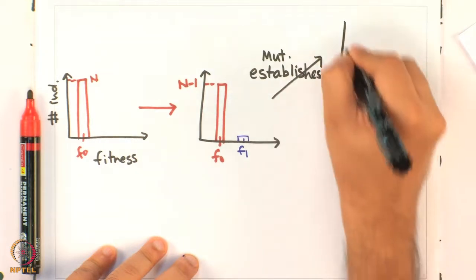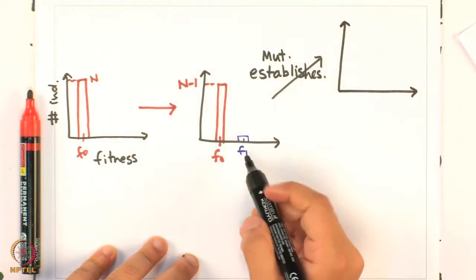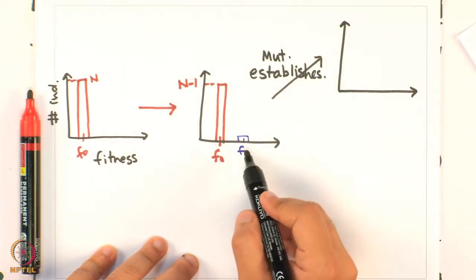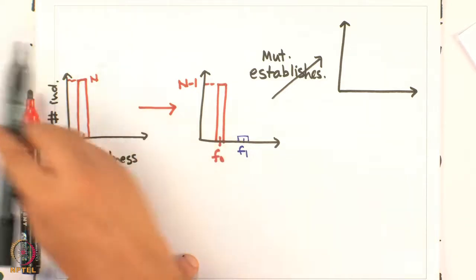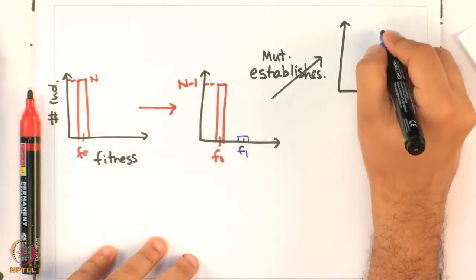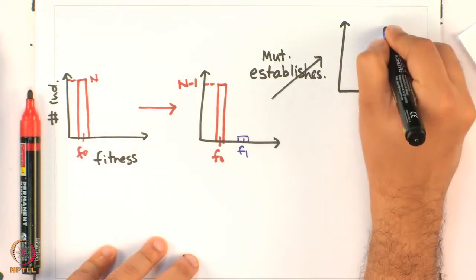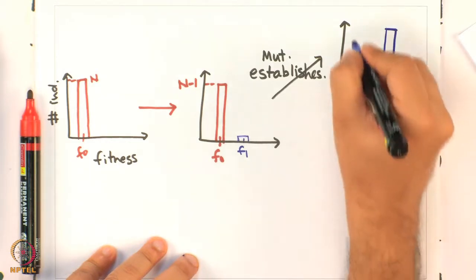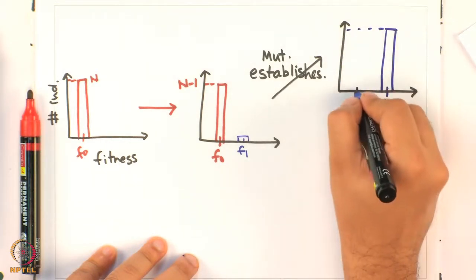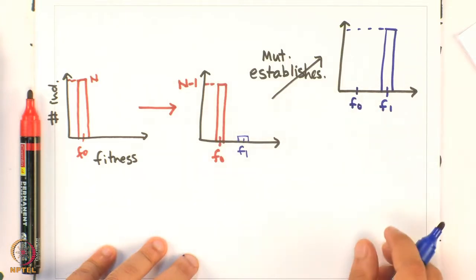And when it goes to fixation, because F1 is more than F naught, F1 individuals will eliminate all F naught individuals from the population, and after fixation I will have my entire population move to fitness F1 and no individuals at fitness F naught.